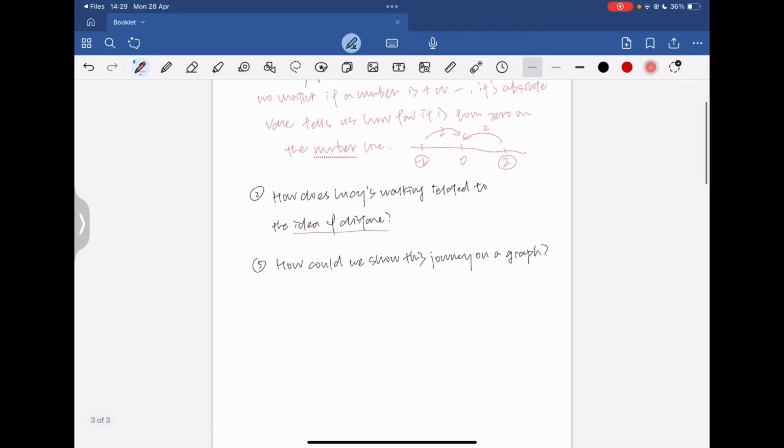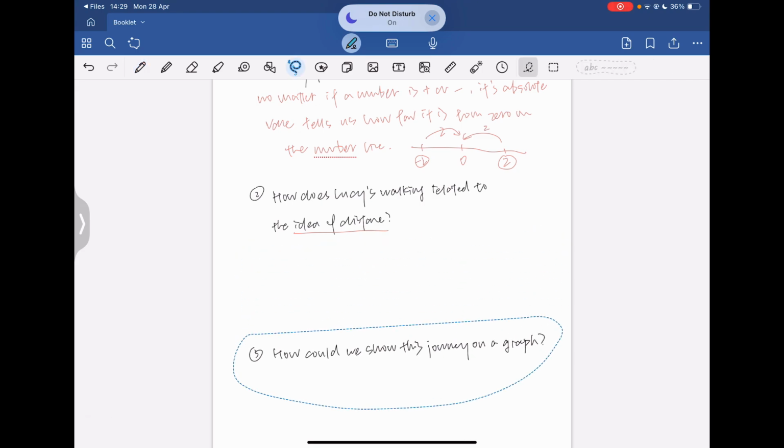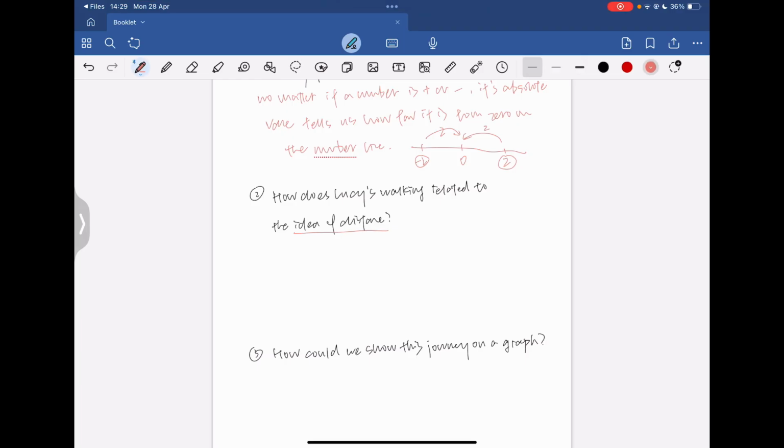How is Lucy's walking related to the idea of distance? What does the video say? Anyone? Yes, so Lucy's walking shows that even when you move forward and backward, you are still covering total distance. She walks 2 blocks forward, 1 block back, and 2 blocks forward again.